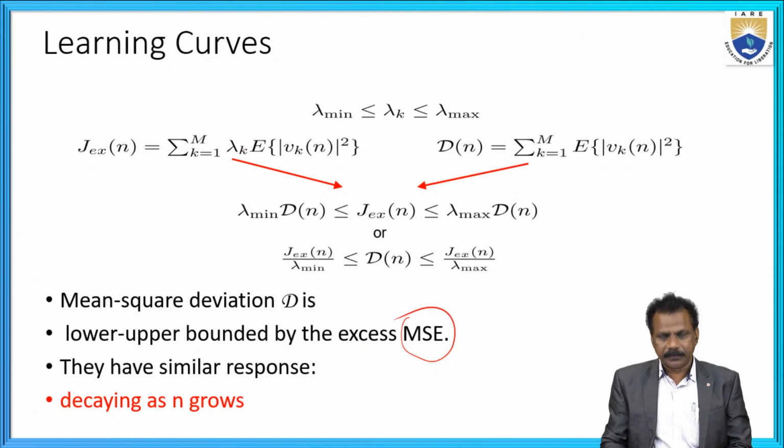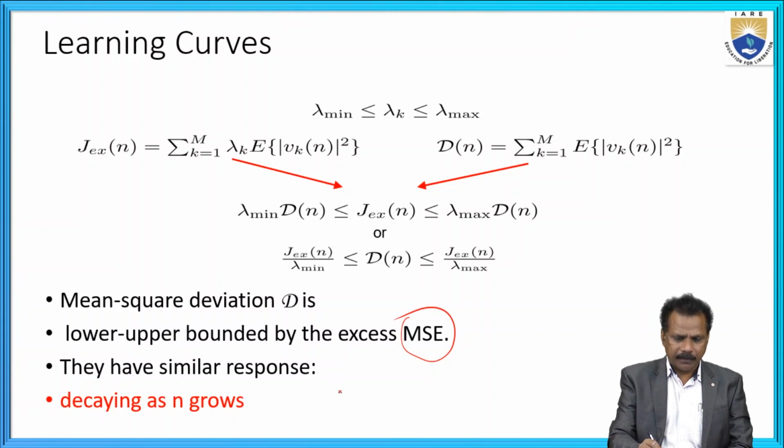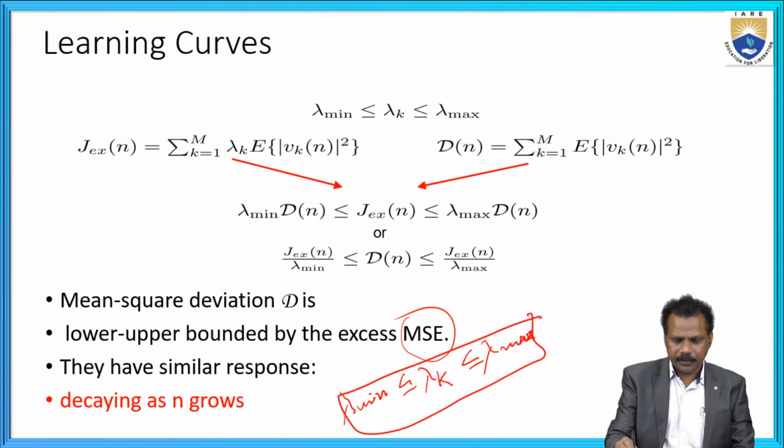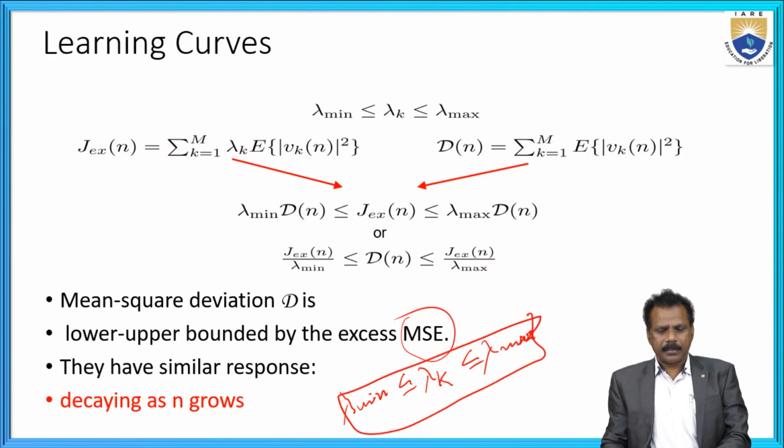This is how the learning curves are reflected. That is the mathematical analysis where lambda minimum is less than or equal to lambda k, less than or equal to lambda maximum. With this, you can analyze.